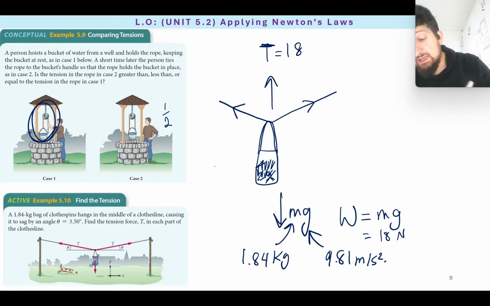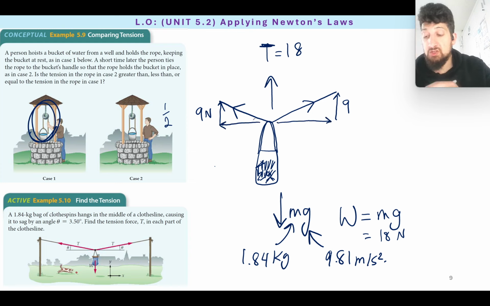So the 18 acting upwards to counter the weight is going to be the y component. So that's 9 over here and 9 over here. Now I just want you to imagine that these two sides are the same.